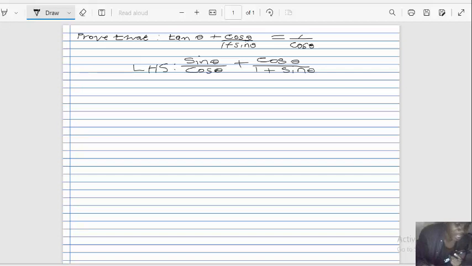We need to firstly come up with the lowest common denominator, the LCD, which in this case would be both your cos theta and the 1 plus sin theta.